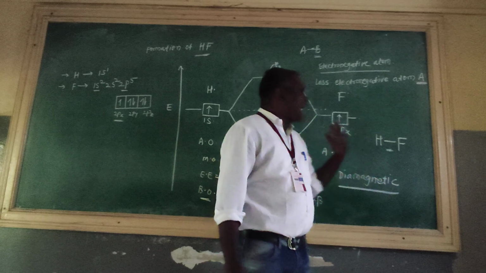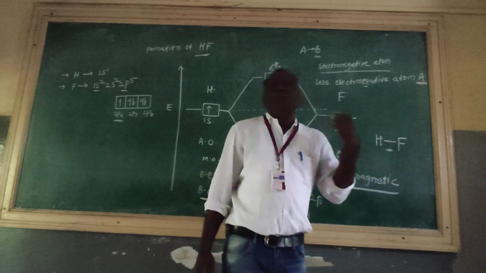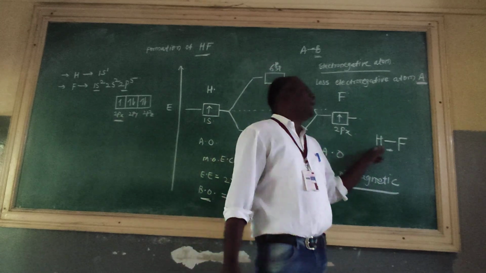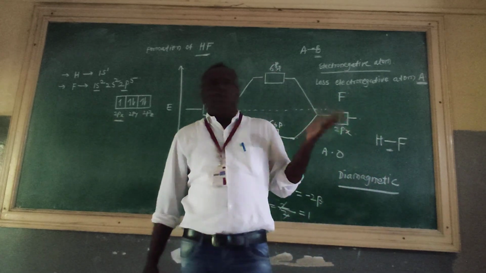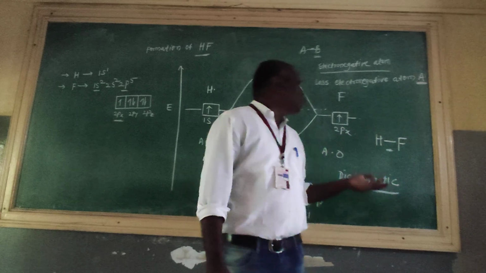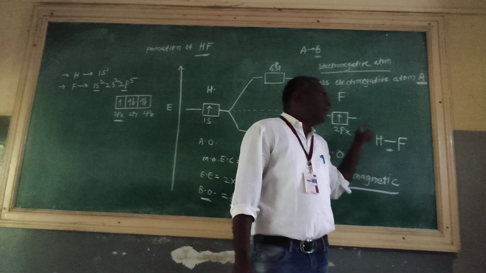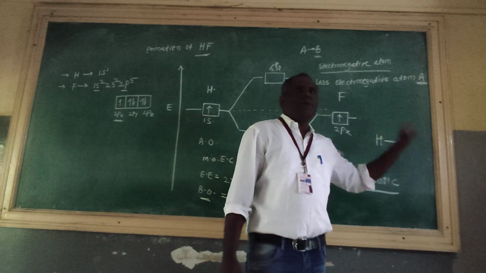As I said, the highly electronegative element contributes toward the more bonding molecular orbital. The less electronegative element, that is the more electropositive element, contributes to the formation of more antibonding molecular orbital.